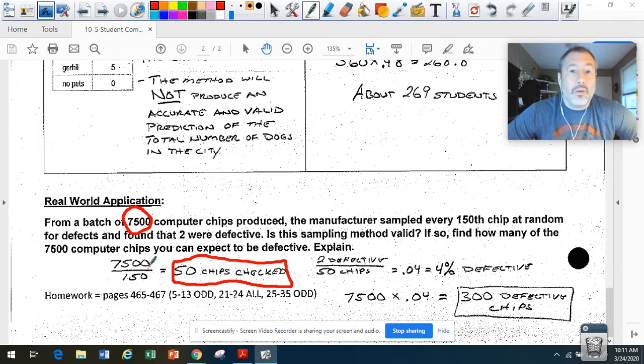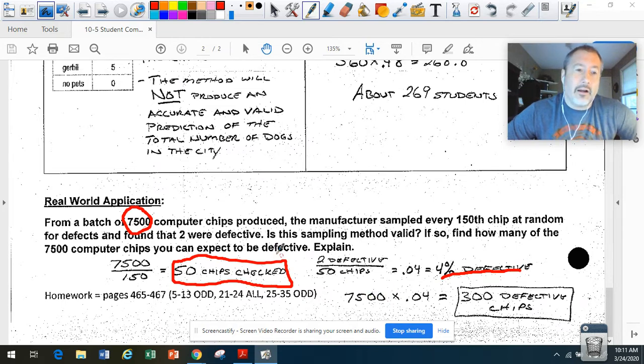Okay. Now we know 2 are defective out of those 50 chips. So 2 defective chips out of a total of 50 chips that we surveyed here will give us 0.04 or 4%. We expect that will be defective.